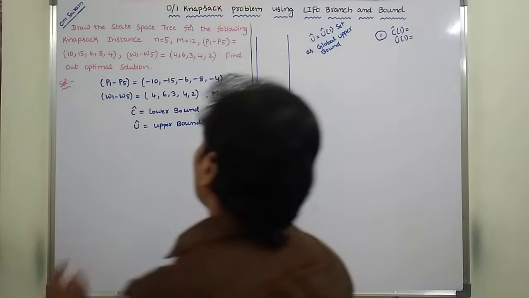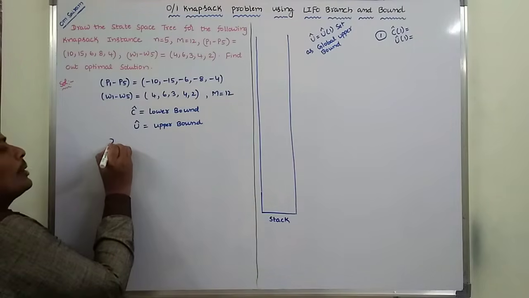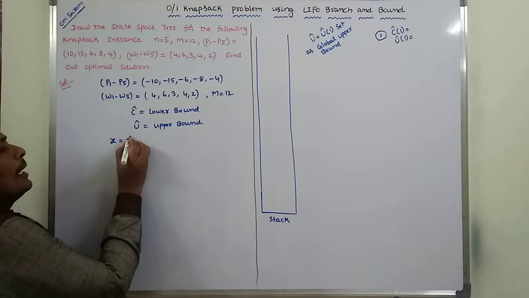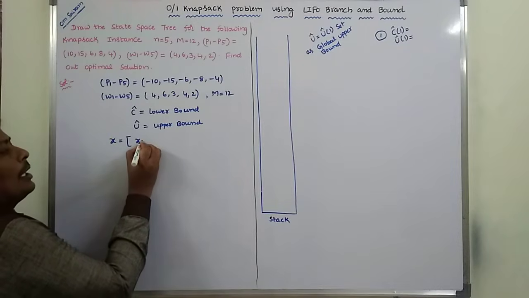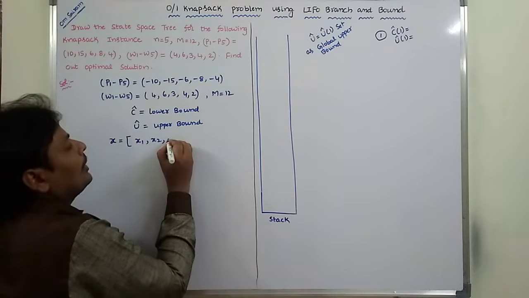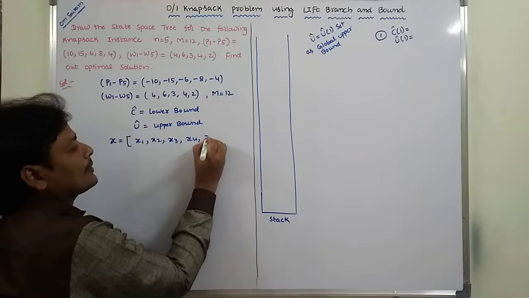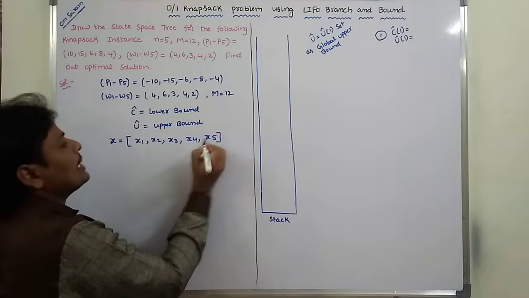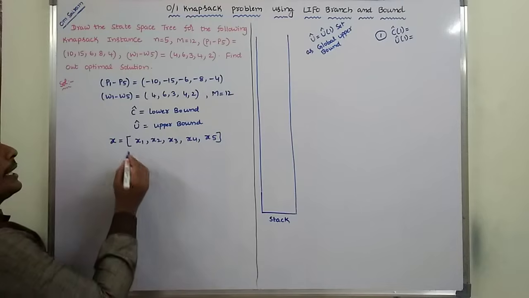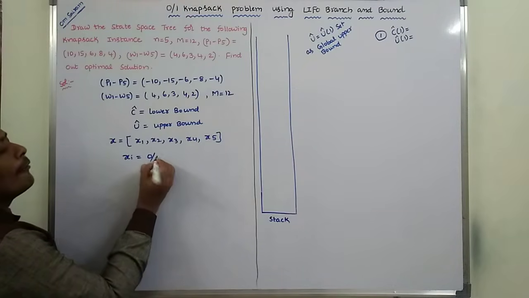Now, the solution for this given problem can be denoted by the solution vector x. There are 5 objects: x1, x2, x3, x4, x5. Here, each xi value can be taken as either 0 or 1.